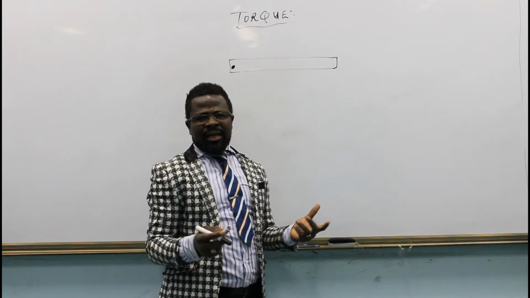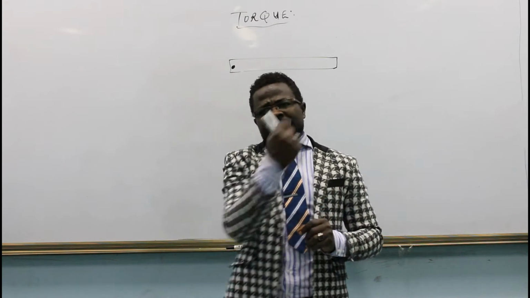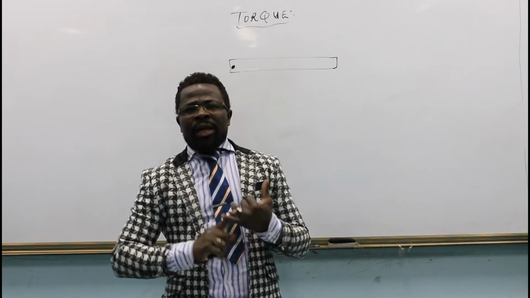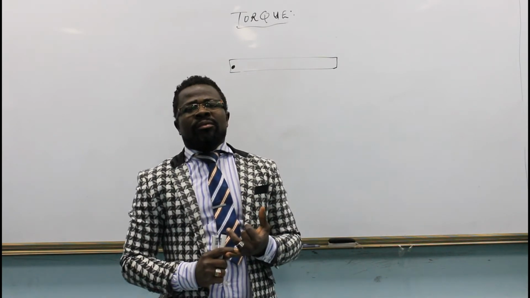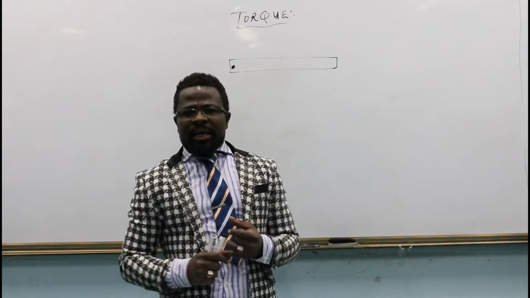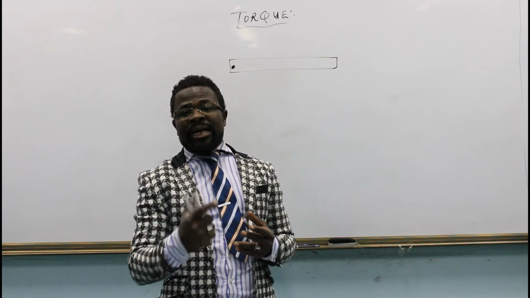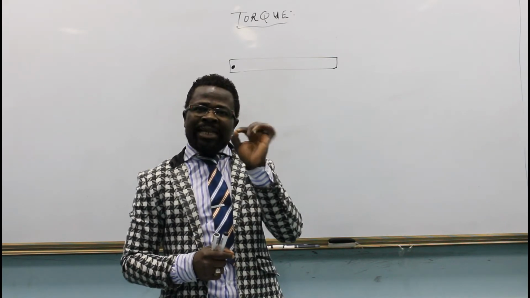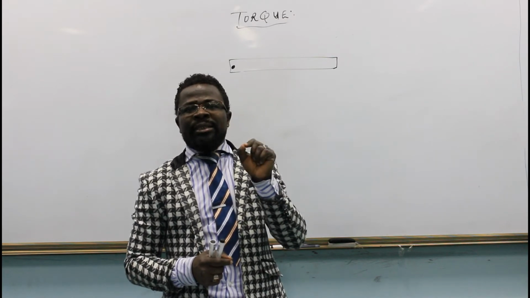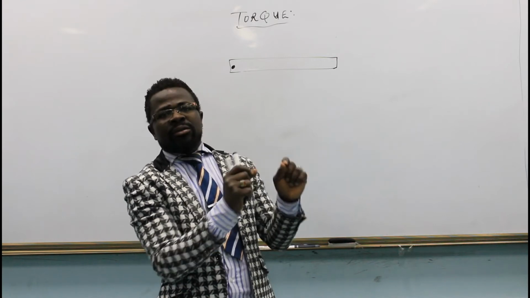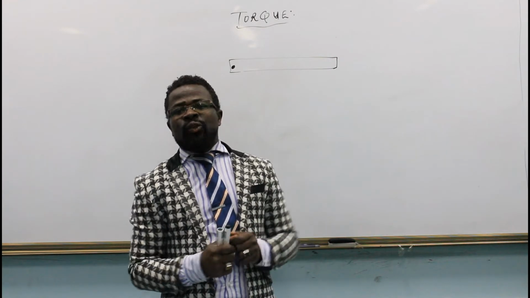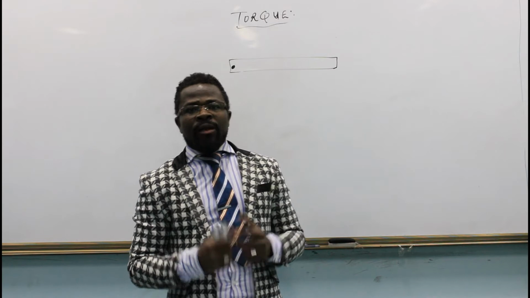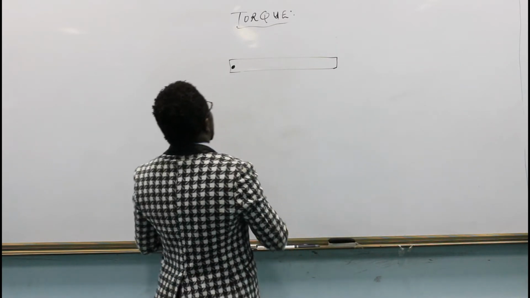What are the things that I need? To be able to rotate about that fixed point, one, I need a force. And not just the force, I also need a distance between the fixed point, or what we call the axis of rotation, and the force that is applied to rotate the beam.